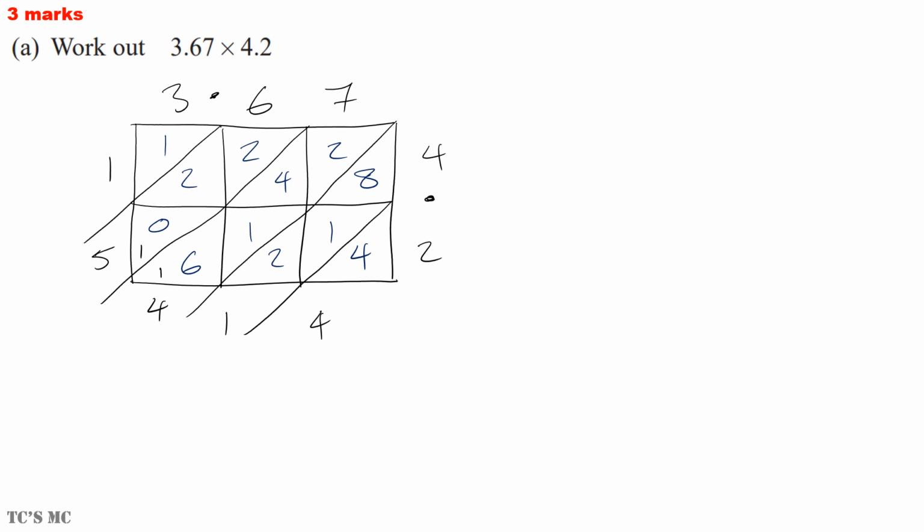And now we have a second mark. To work out where the decimal point goes, we need to highlight downwards from the decimal point above, highlight across from the decimal point on the right. They meet up at this diagonal line. That means the decimal point is over here. So our final answer is 15.414, and that is our third mark.